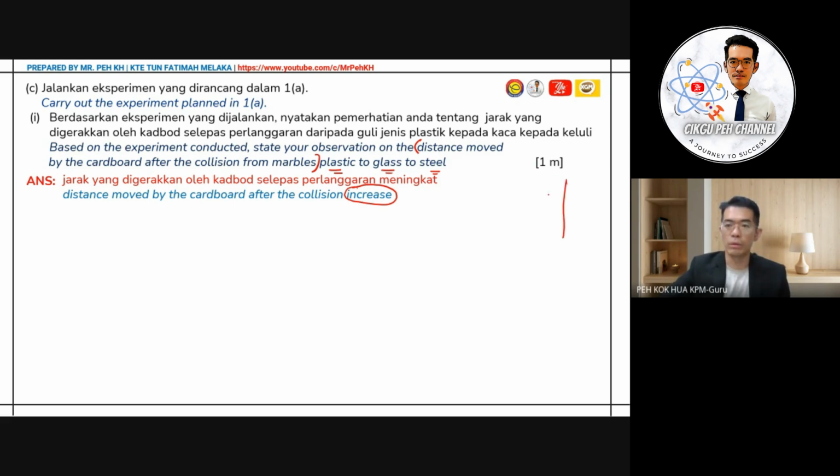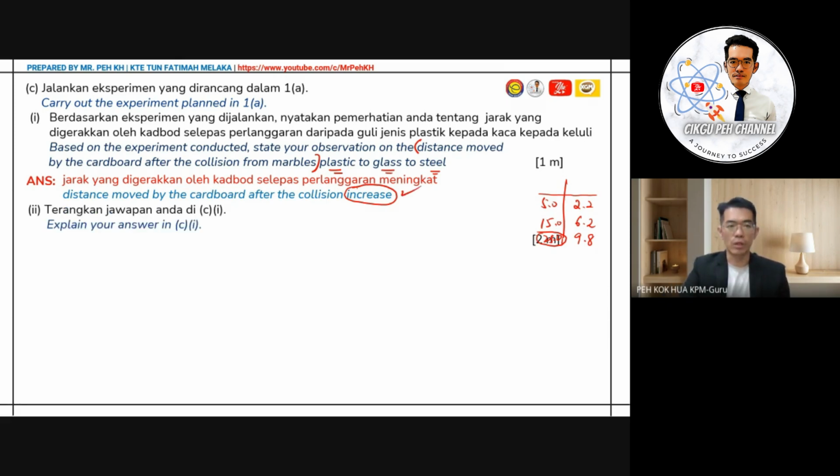If you still remember, the first, 5 grams for plastic marbles, is about 2.2 cm. For the glass marbles, about 15.0 grams, the distance is about 6.2. Then for steel marbles we get about 9.8 cm. So you can see when the mass of the marbles increases, the distance increases. So you give increase, you can get the first mark already.